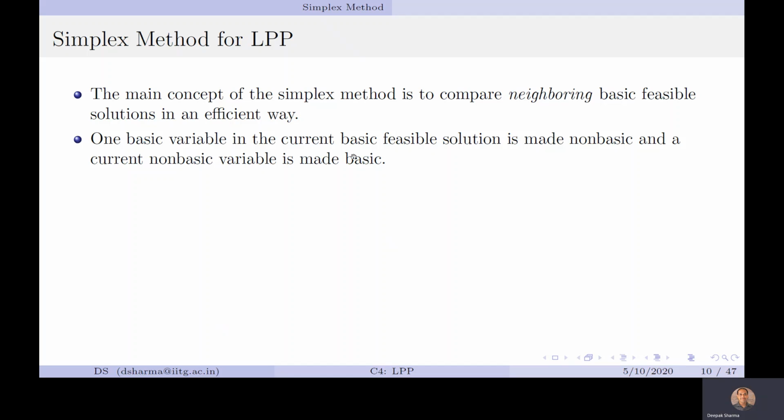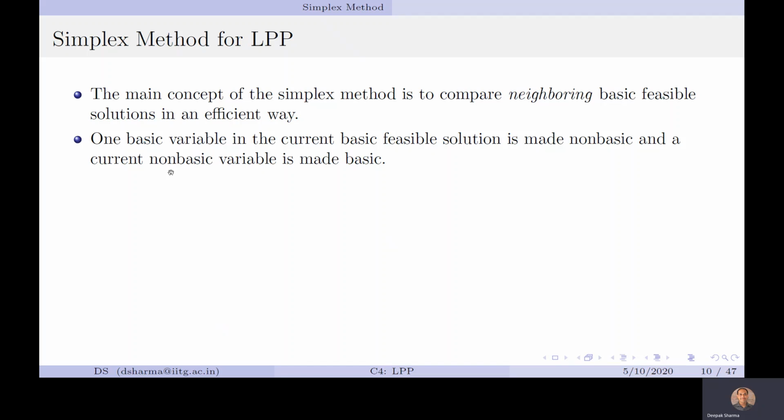One basic variable in the current basic feasible solution is made non-basic, and one current non-basic variable is made basic. Suppose there is a variable x1 which is basic. If we convert it into non-basic, x1 will automatically become 0.